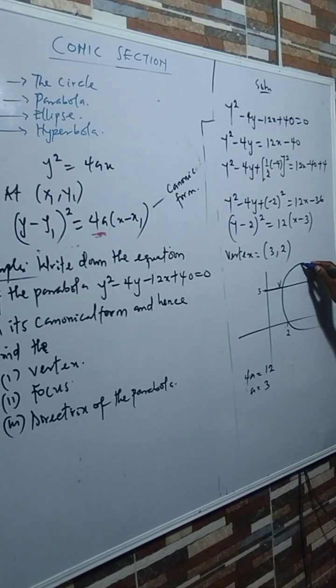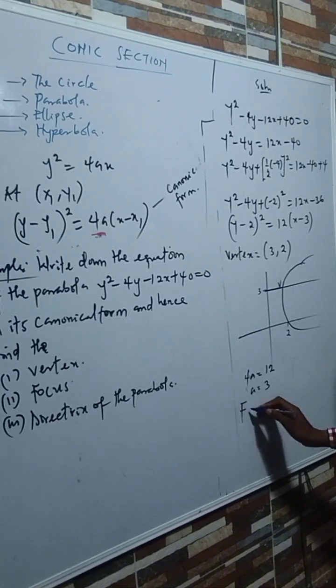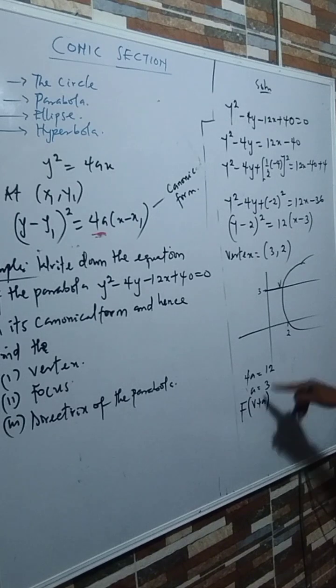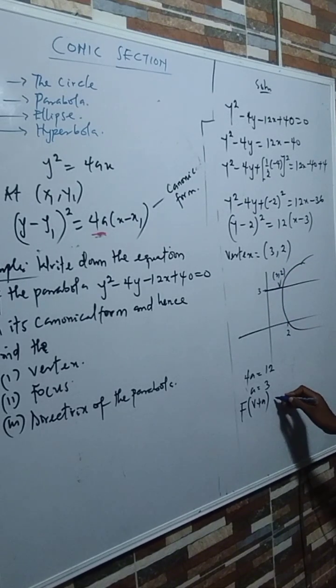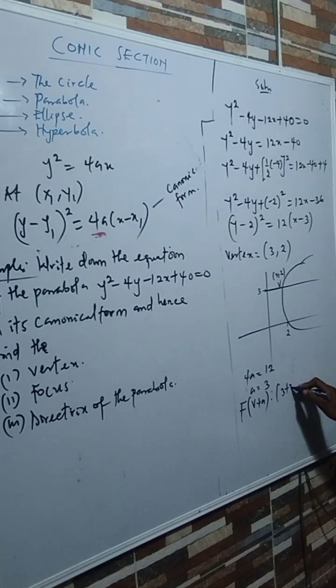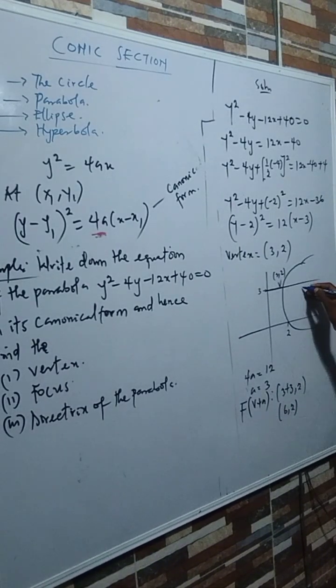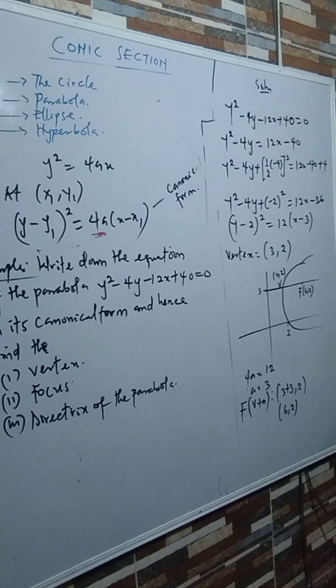So to find my focus now, remember what I told you, my focus is v plus a. And what is v? V in this case is 3, 2. So my v now will give you 3 plus 3, 2, which is 6, 2. So my focus f here should be showing me 6, 2, as the case may be.